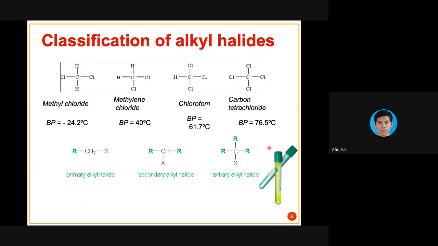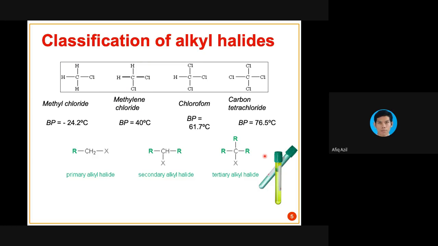Then, in terms of classification of alkyl halides, this is how they can be classified. We have primary alkyl halide, secondary alkyl halide, tertiary alkyl halide, and do you have a quaternary alkyl halide?